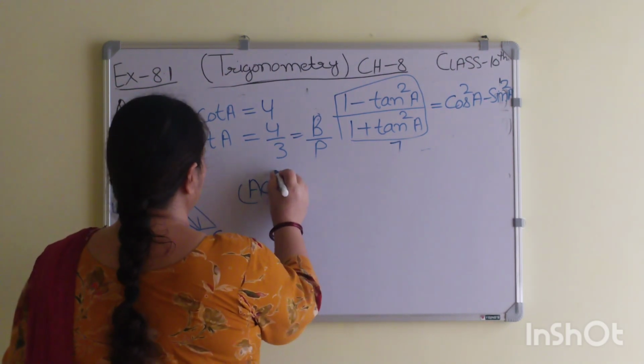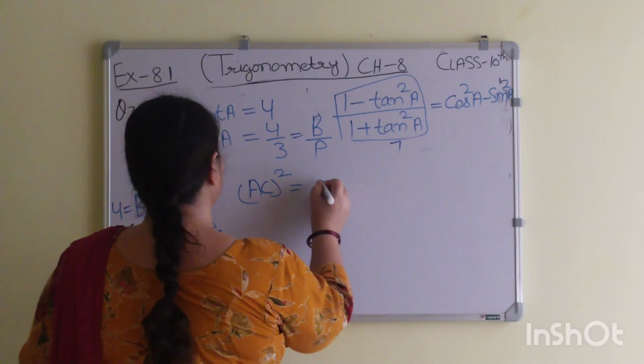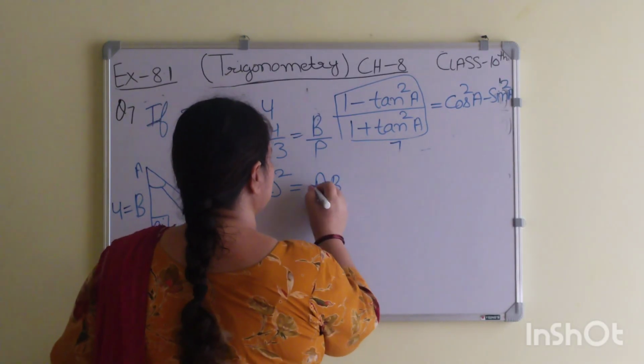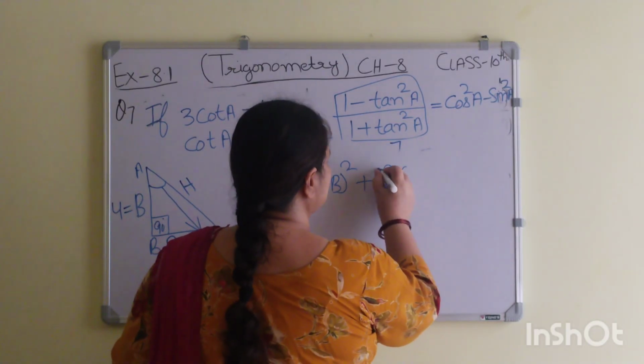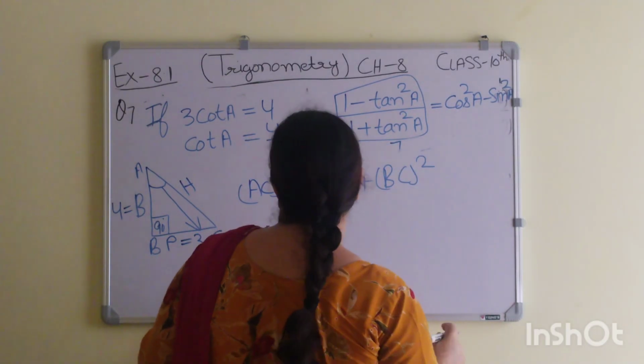AC whole square is equal to AB whole square plus BC whole square.